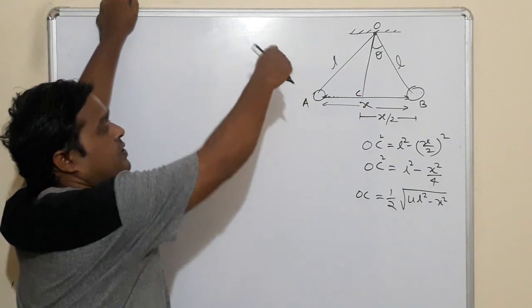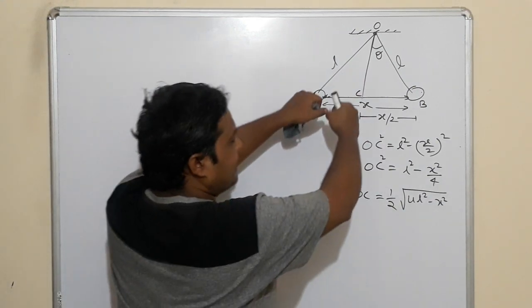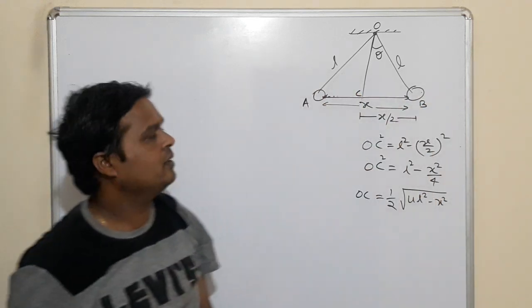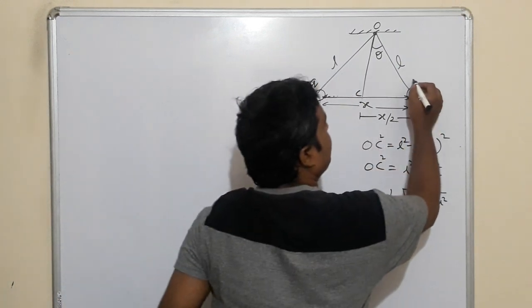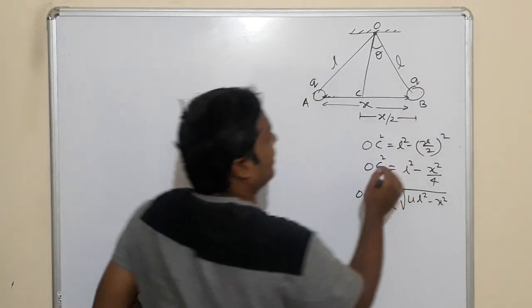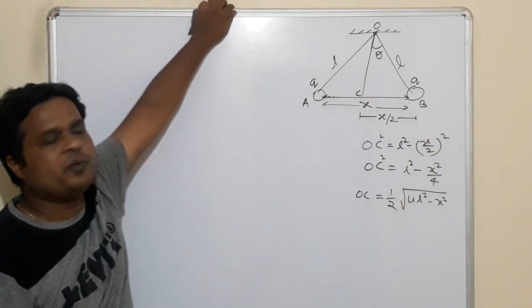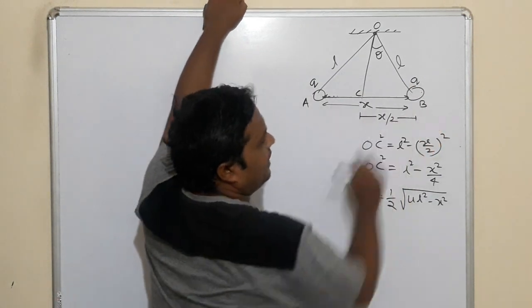Then what are the possible forces acting on these two spheres? See, these two spheres are separated by a distance x. By which force? Since they are having a charge q on each, they will repel with a force which is given by 1 by 4 pi epsilon naught q into q divided by x square.